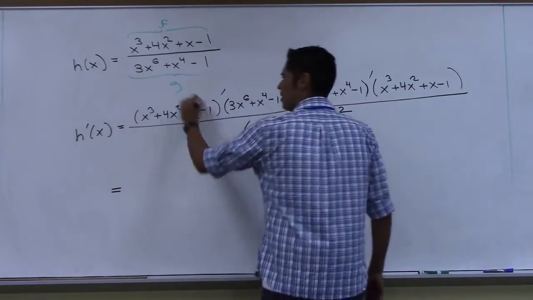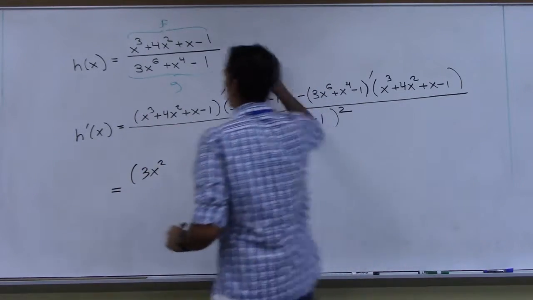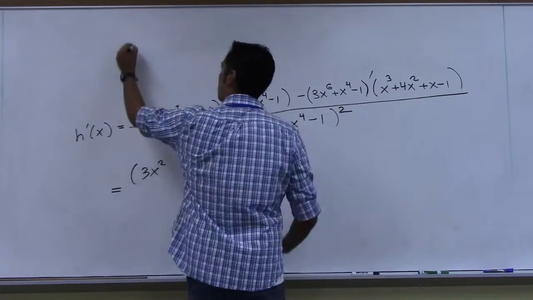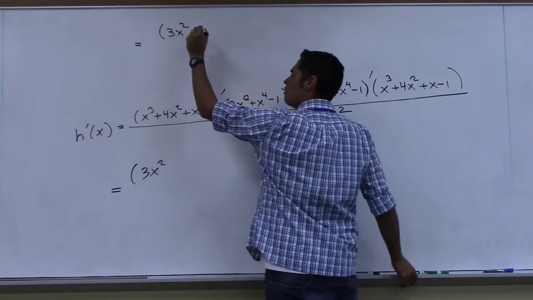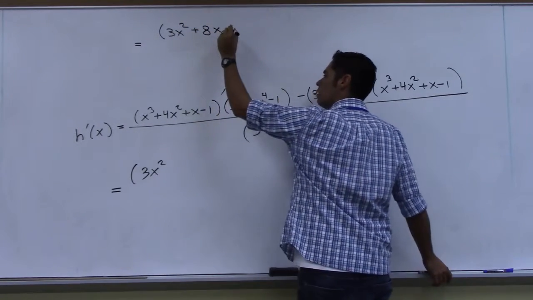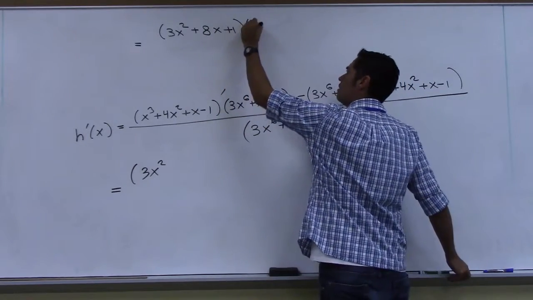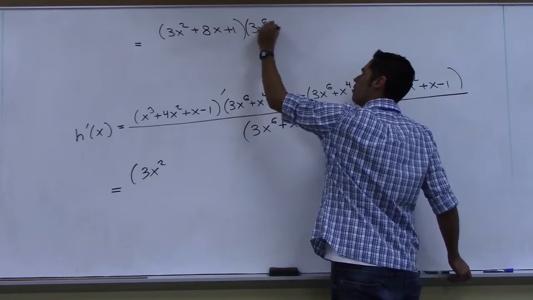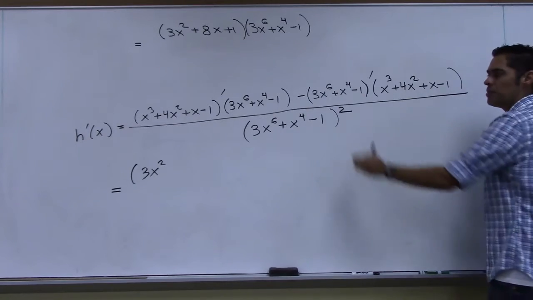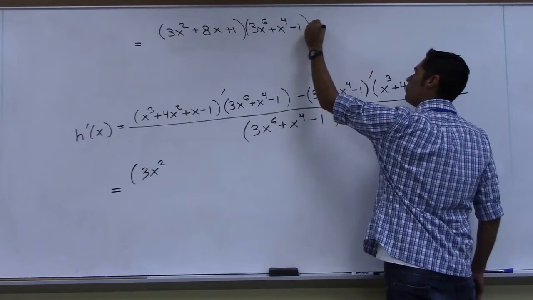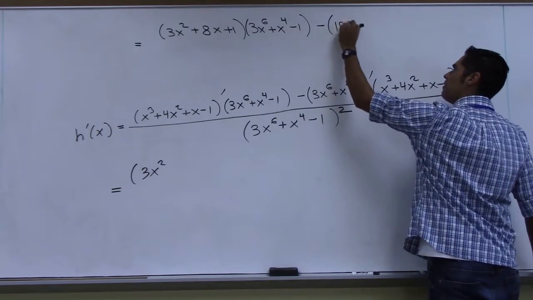What is the derivative of this here? 3x squared. You know, I think I'm going to do it up here. 3x squared, what? 8x plus 1. Done? Times the next function. Minus derivative of this one. 18x to the 5th.